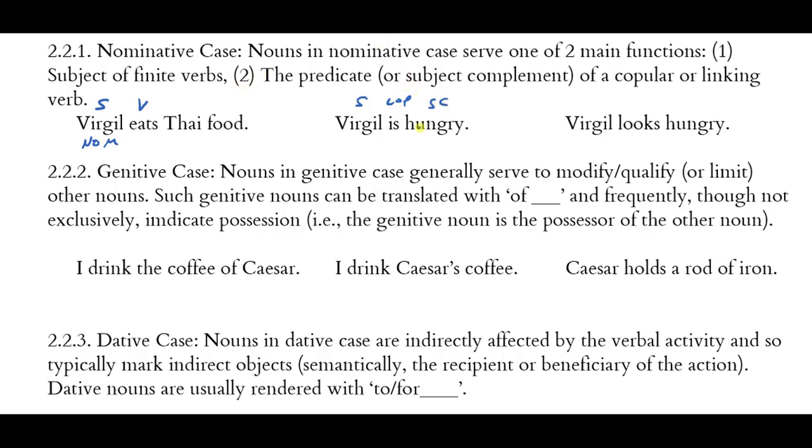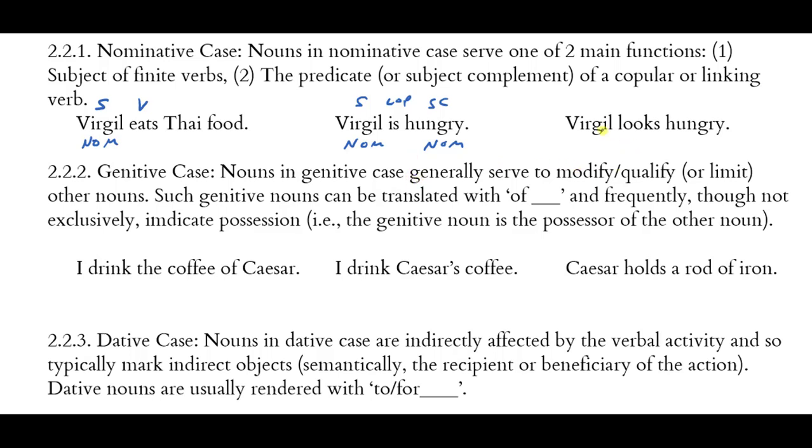So in Latin, Virgil would be nominative case, and the word hungry would likewise be nominative case. Anytime I'm making a predication about a subject, I'm asserting something that the subject is. The subject will be nominative, and then what I say about the subject, he is hungry, he's a man, that will be the subject complement.